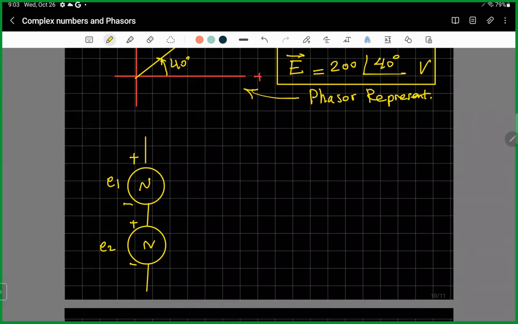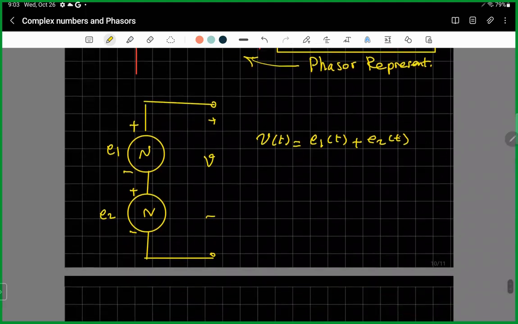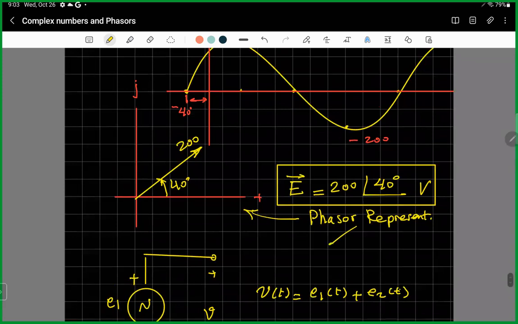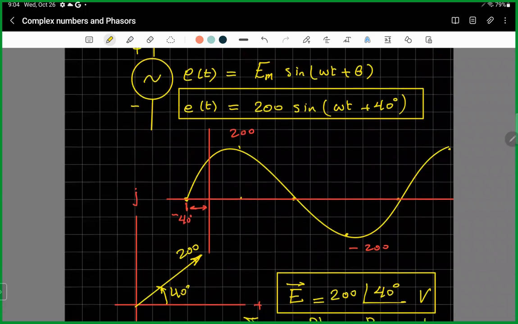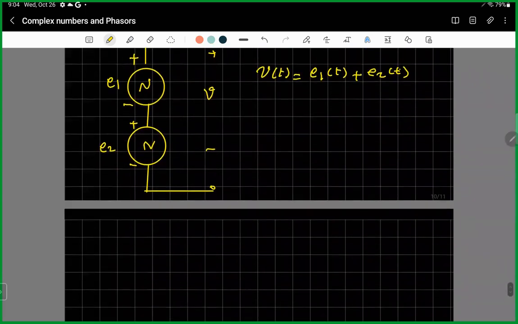Let's say that's the equivalent voltage across the source, equal to V. So you can write V of t is equal to E1 of t plus E2 of t. But we are not dealing with instantaneous values because it's a kind of puzzle. It's not easy mathematically. We like to use phasor representation because we are not going to draw that. We are not going to write 200 sine omega t plus 40. It's just a puzzle. It's not easy.